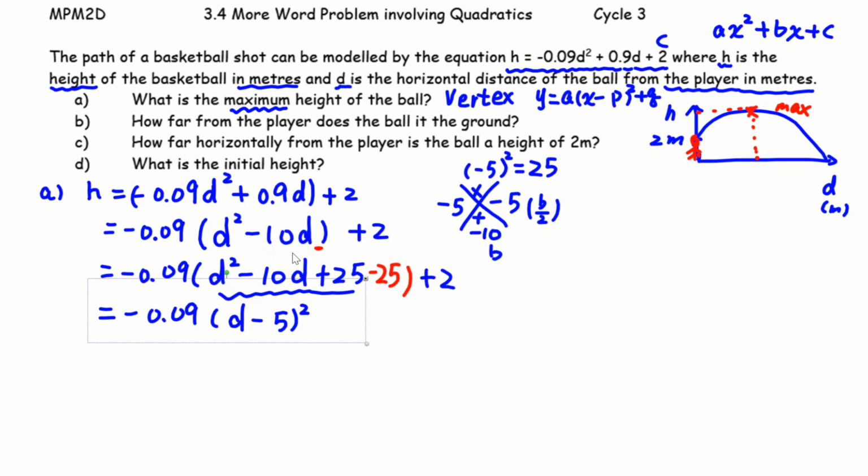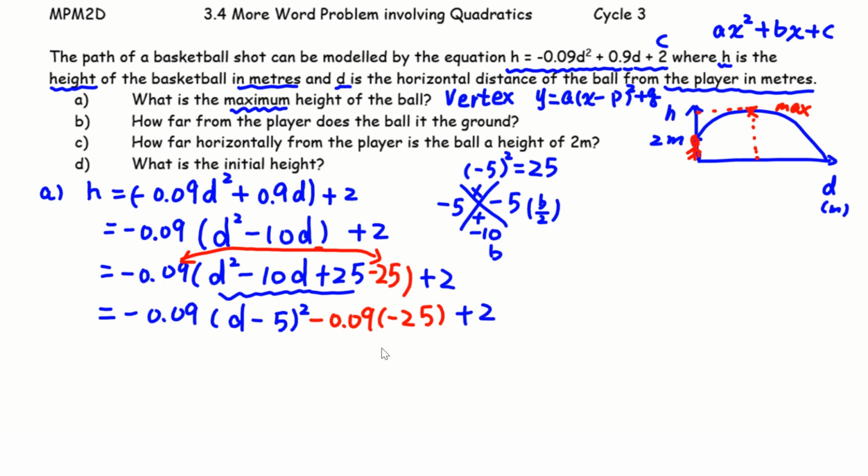So you didn't change the expressions. Because we use the 25 to make the perfect square of d minus 5 bracket squared, so negative 25, we didn't use it, we are going to expand it and times it with a value, then plus 2.